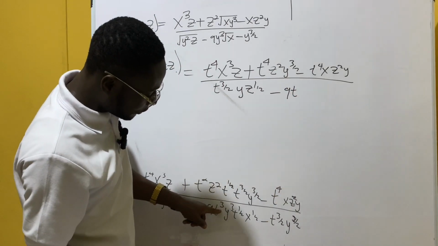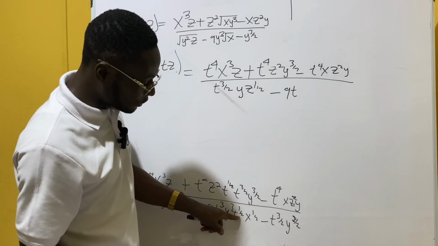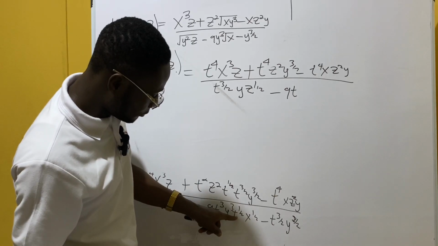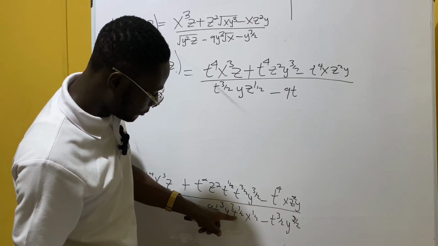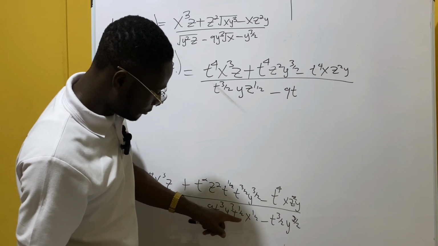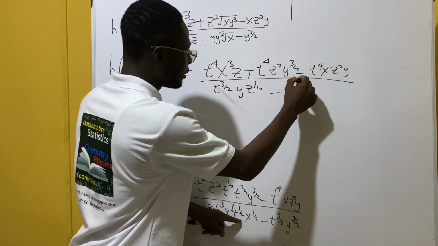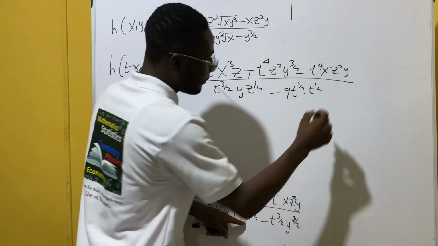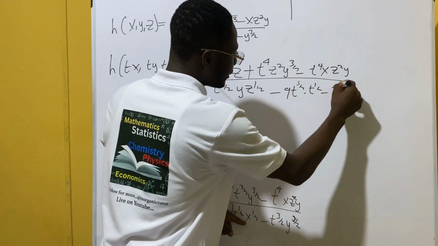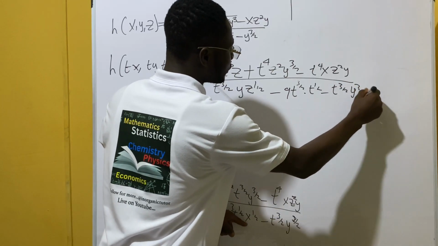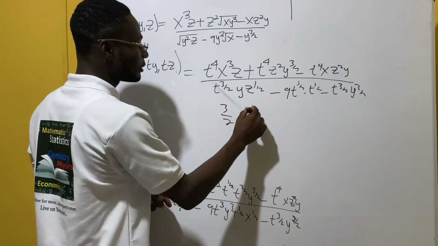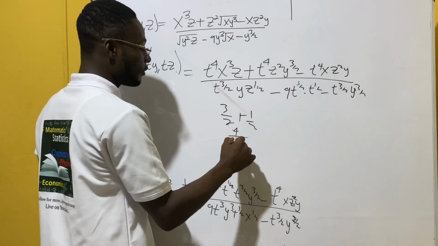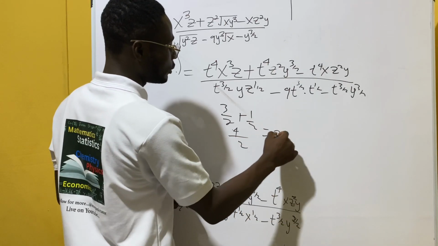Here we have t power 3 and t power half, which gives t power 3 on 2 times t power half, minus t power 3 on 2 y power 3 on 2. So 3 on 2 plus half is of course 4 on 2, and that is 2.